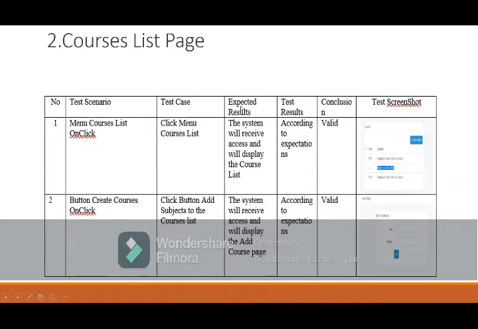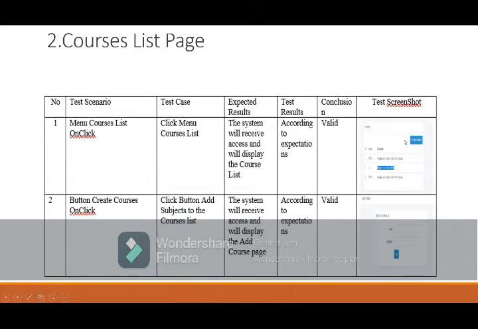Next, the second function is course list page. In this function, there are two different test scenarios and 2 different test cases, and the test result is according to expectation with the 2 different test scenarios, and the conclusion is valid.